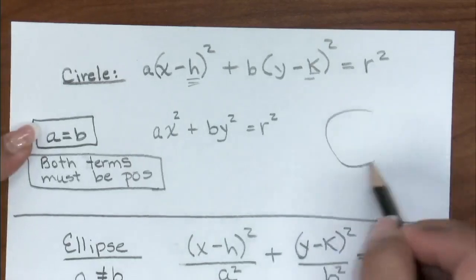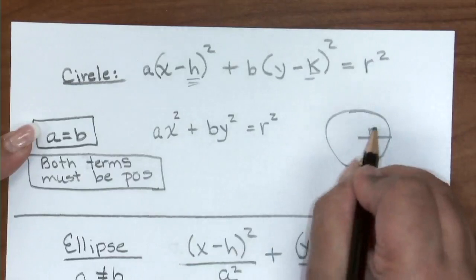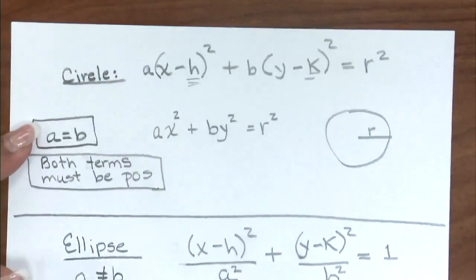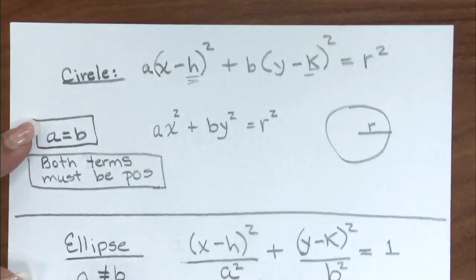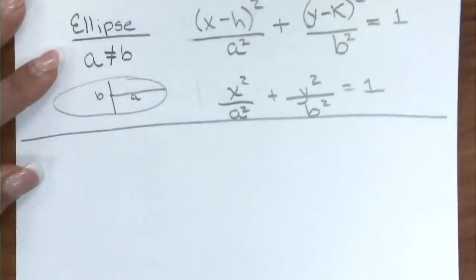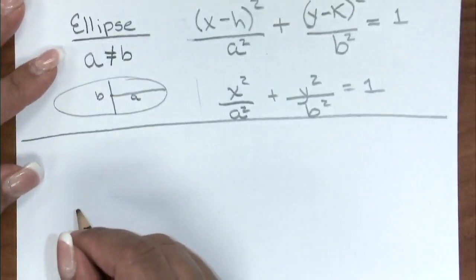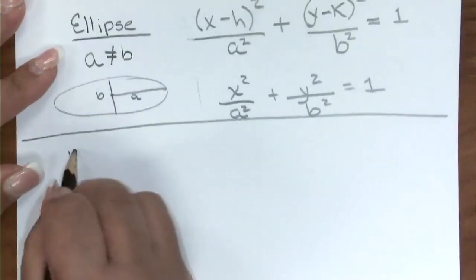Okay, this would be a circle with radius r, and this would be an ellipse, and then that would be A, and then this would be B. You don't have to put all that if you don't want to. Okay, what's the other one? The hyperbola. These are the three that you study the most when you're taking any kind of an algebra class.